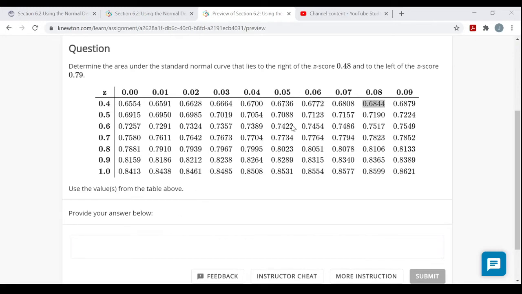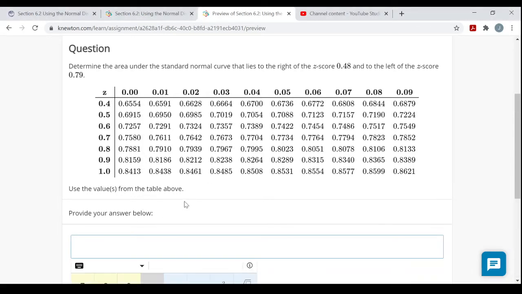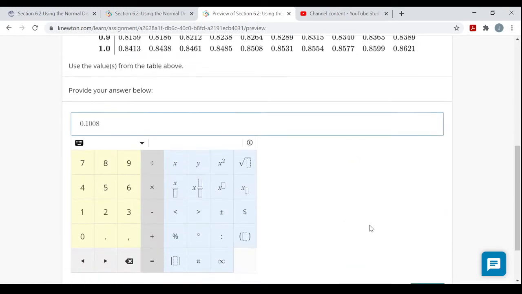Just go back and do it in the table, right? Because they want an answer. They're throwing the table at you, so they're assuming that you're using the table. So using the table here, I've got 0.1008 as the probability that you fall between z equals 0.48 and z equals 0.79.